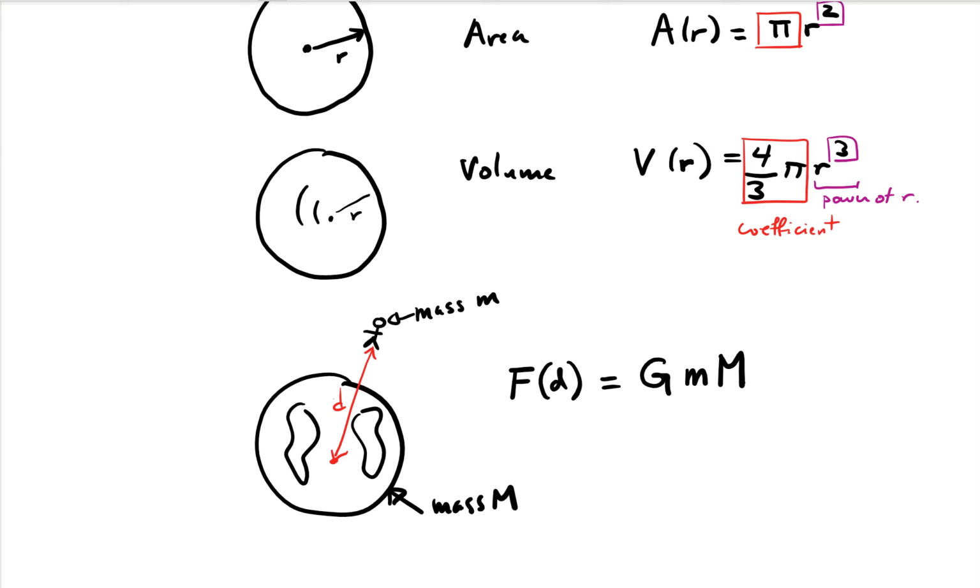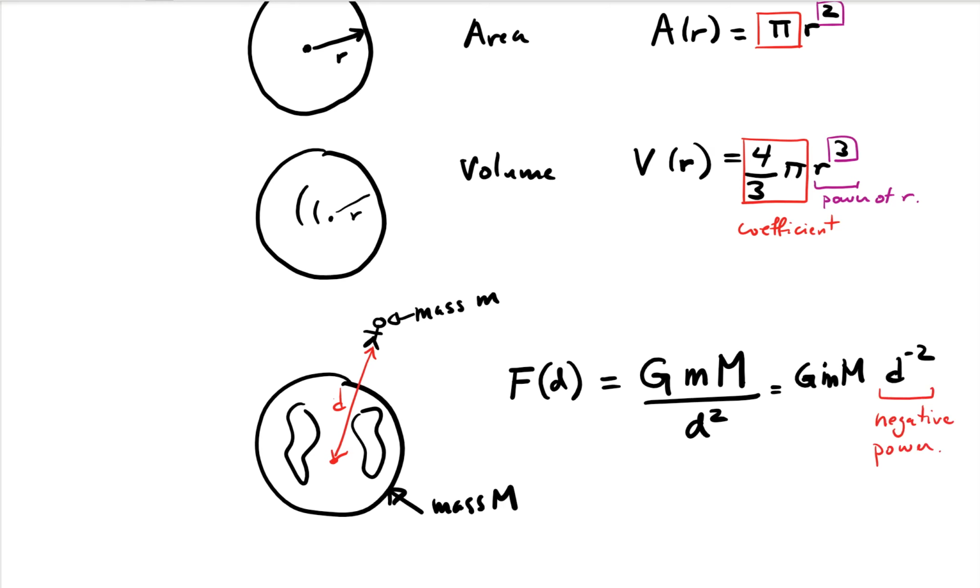And the force is this constant divided by d squared. In other words, it's a coefficient, the gravitational constant times the product of their masses, times d to the minus 2. So here we've got a negative power, and that's also a power function.